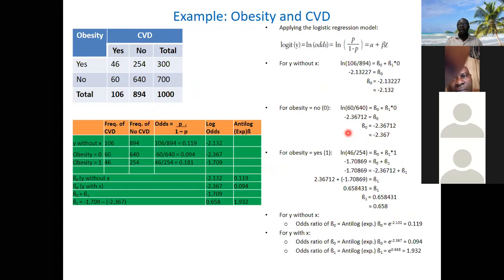In block 1, when you have x, let's say for example obesity, yes or no. If it is no, it is 0. If it is yes, it is 1. So those two scenarios now. For obesity equal to 0, you're going to see under here, when obesity is no, how many have CVD? 60.